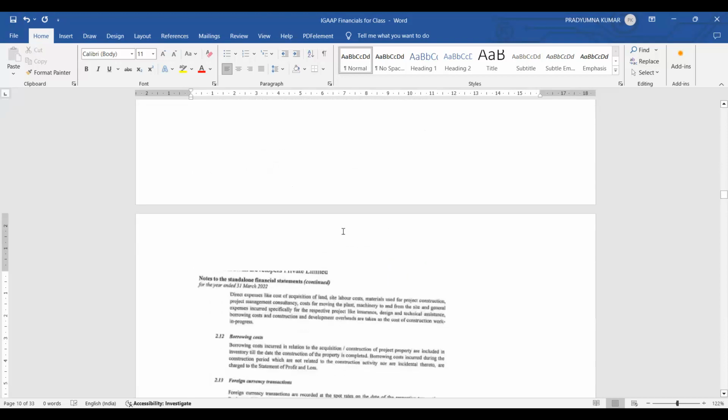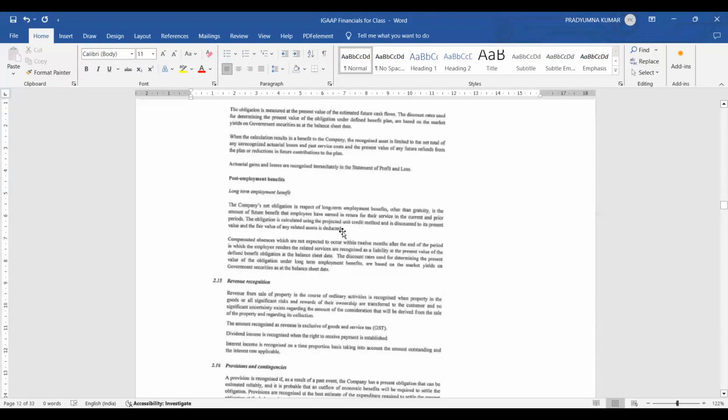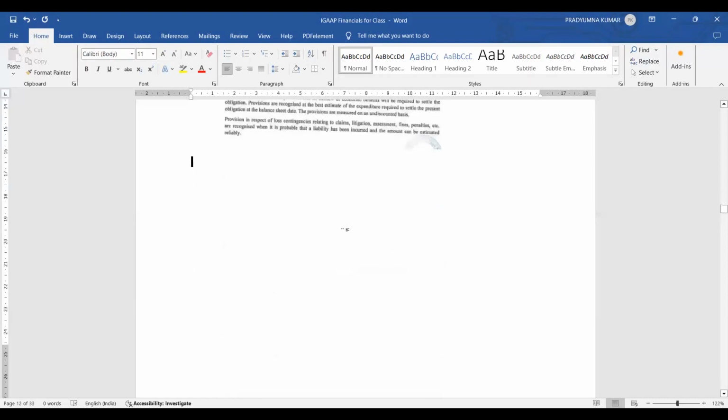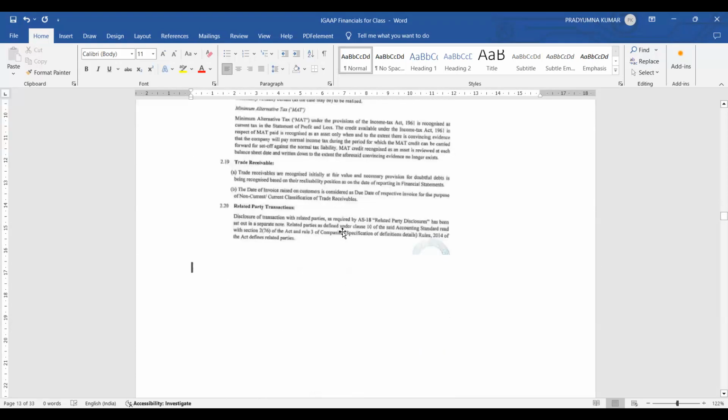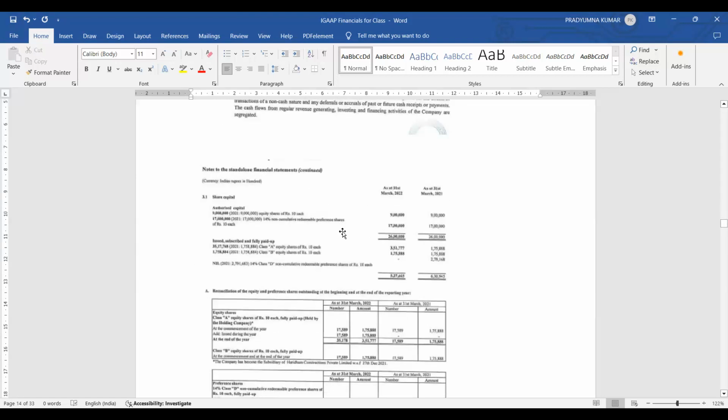Investments, inventories, borrowing cost. Like this, employee benefits, post-employment benefits, revenue recognition. You see, only the accounting policies note is running for 3-4 pages. Related party transactions, still we are in 2.1.